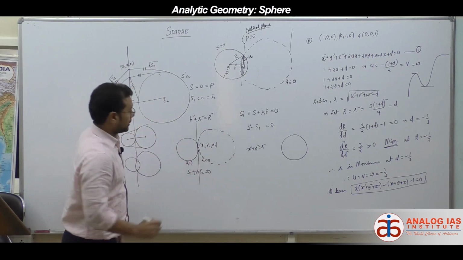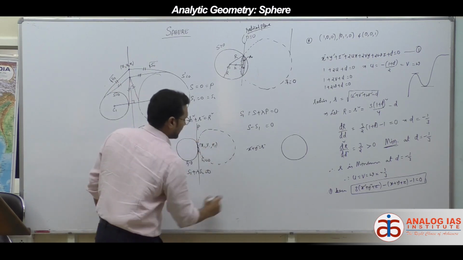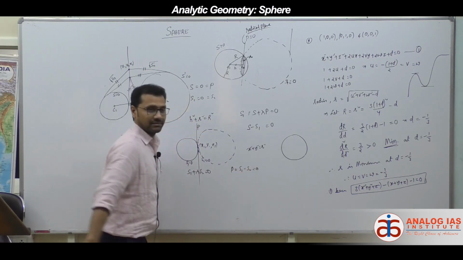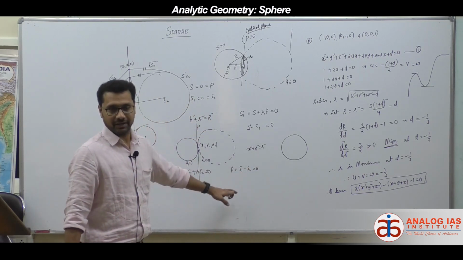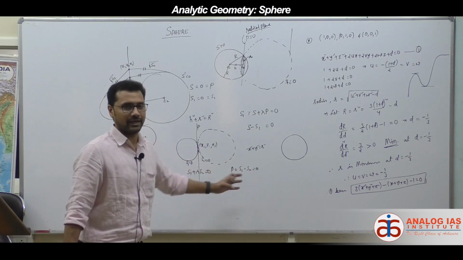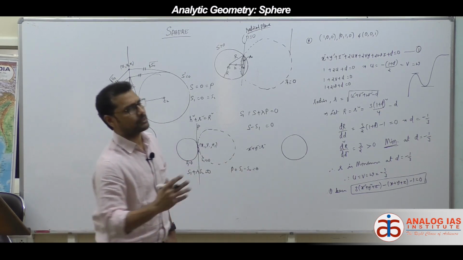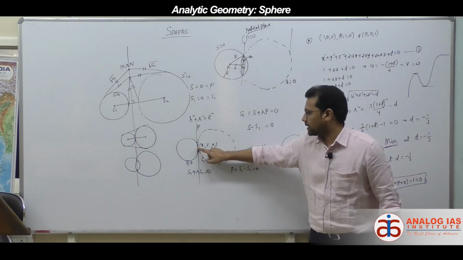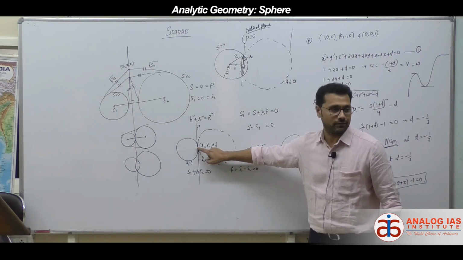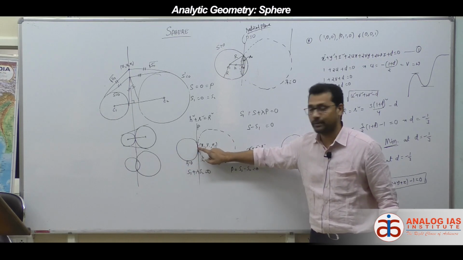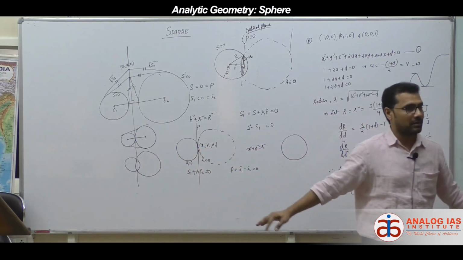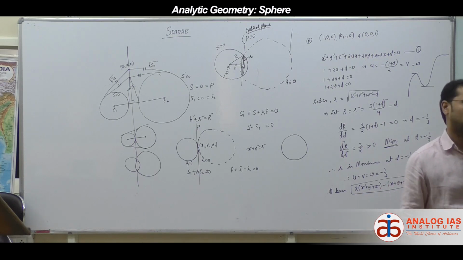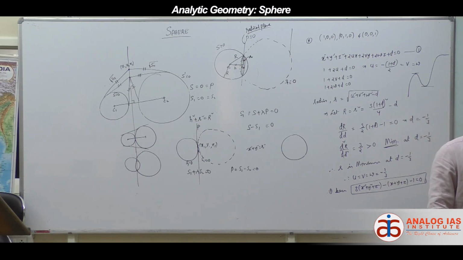You can treat this as a radical plane P. P can be written as S1 minus S2 equal to 0 also. Are you getting? S2 is a point sphere, S1 is the given sphere. So any sphere passing through the circle of intersection of this sphere and the point sphere is given by S1 plus lambda S2 equal to 0, or S1 plus lambda P equal to 0, or you can do whatever you like.